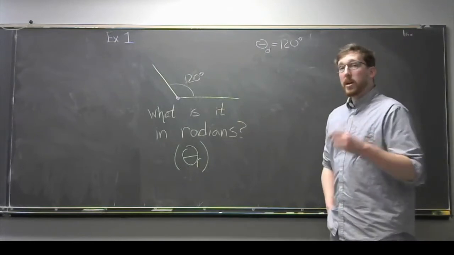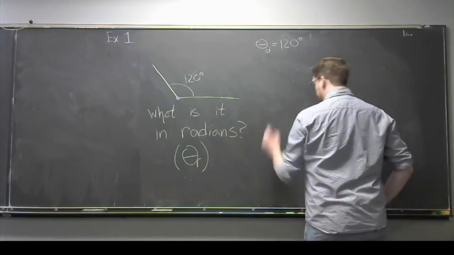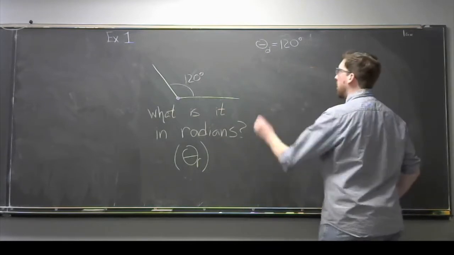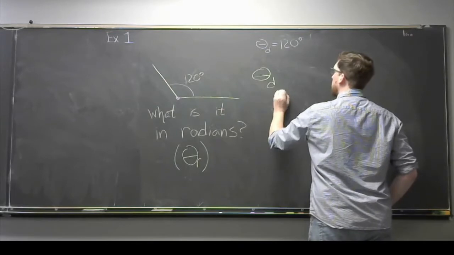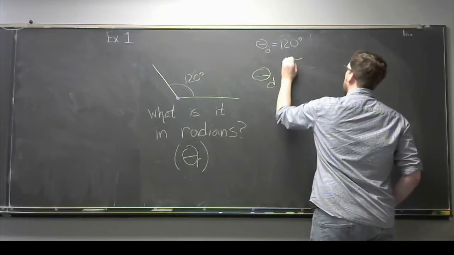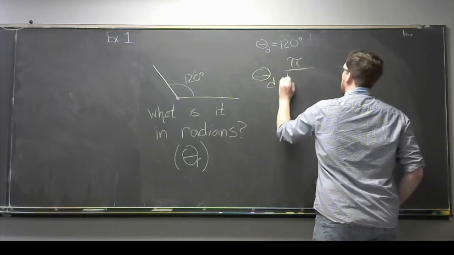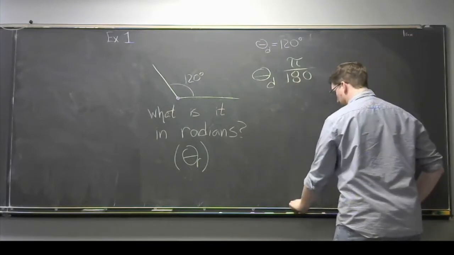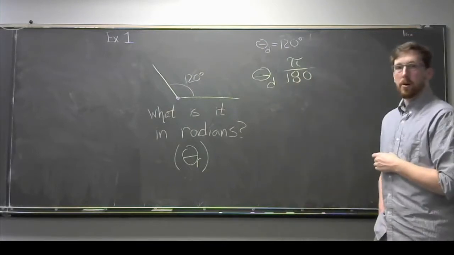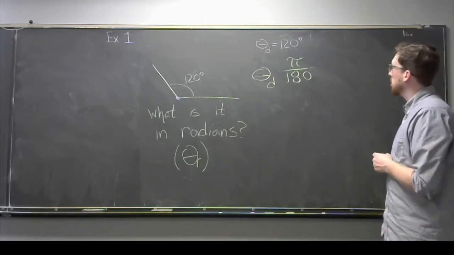To find it in radians, we're going to use the formula that we just talked about, our angle in degrees times pi over 180. Okay.